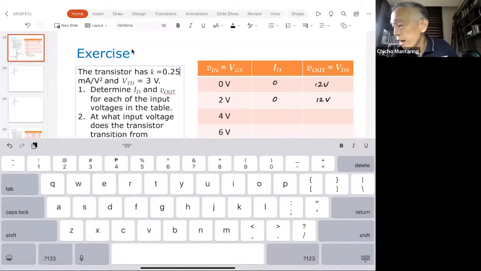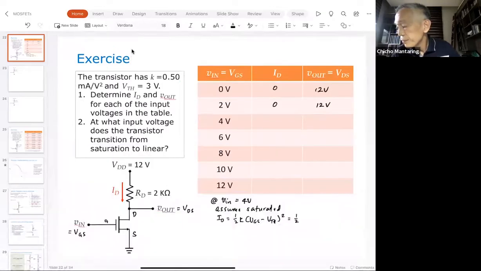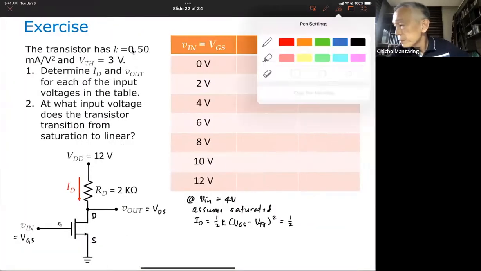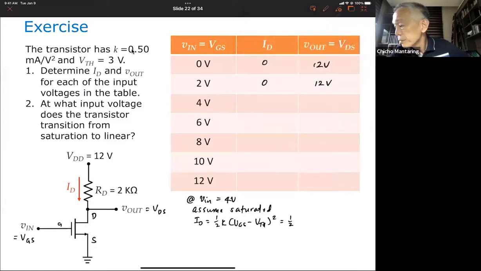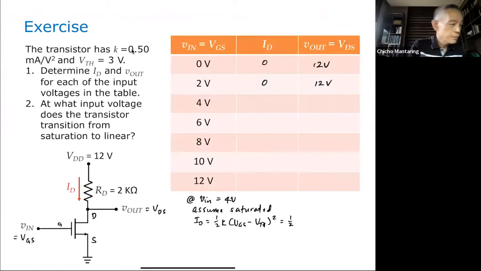This is supposed to be 0.5. No? Yeah, that's supposed to be 0.5, sorry.